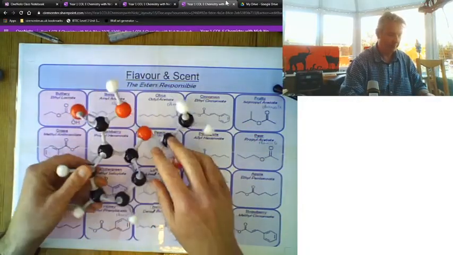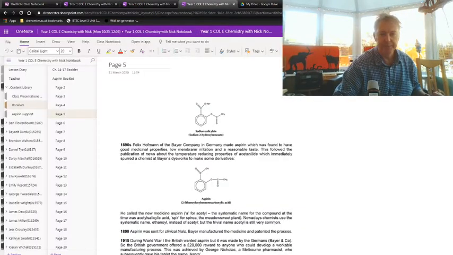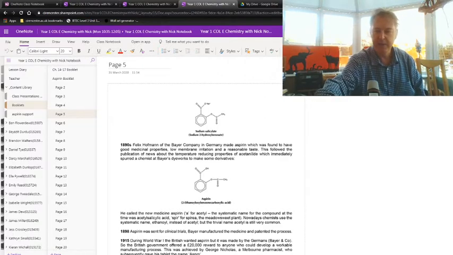I'm going to put it up that way around, because then when I switch back to turning this camera off and put the aspirin back up, you can see the aspirin is this molecule here, which is what I've just made. Let's make that a little bit bigger.